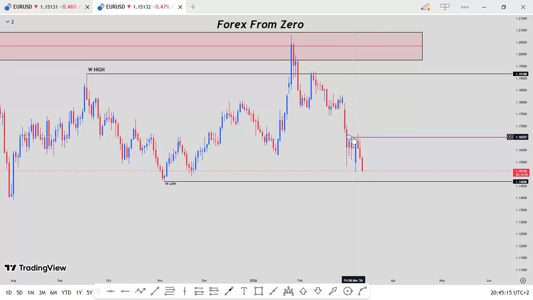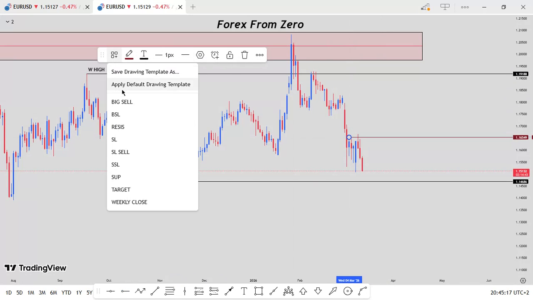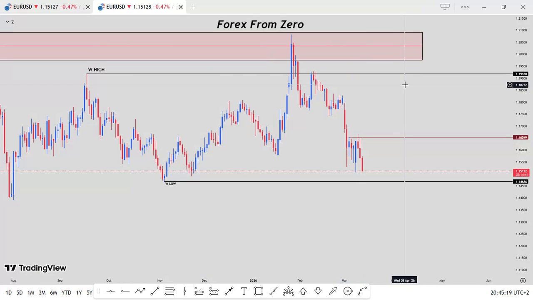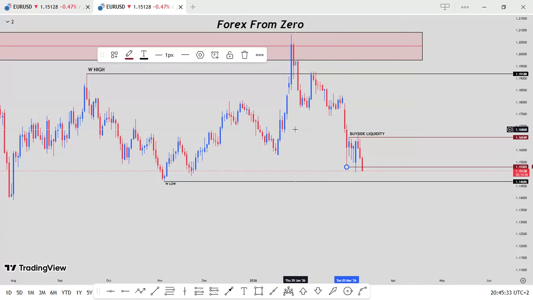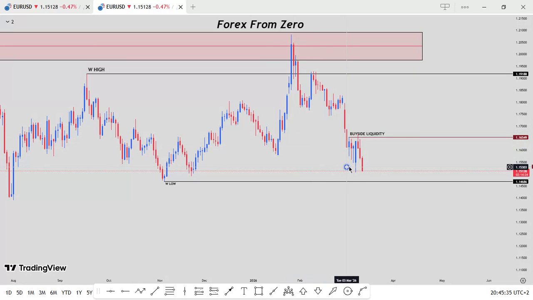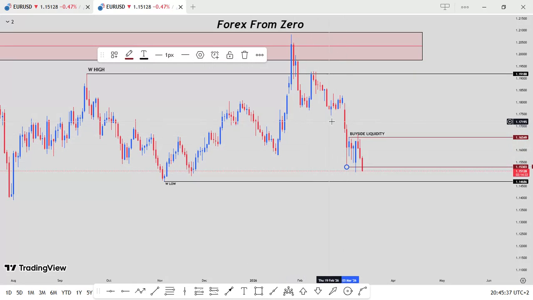I'll mark this as my buy side liquidity. Why am I saying buy side liquidity? Because I mentioned that every high and every low is liquidity in the market. And I'll mark this as my sell side liquidity.